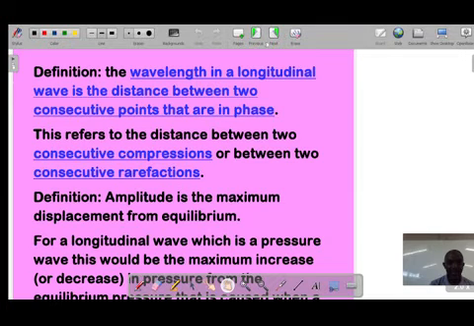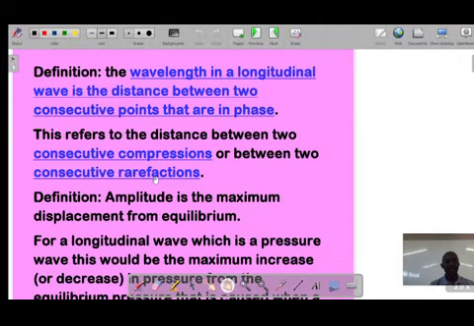Next. A wavelength in a longitudinal wave is the distance between two consecutive points that are in phase. With longitudinal waves, this refers to the distance between two consecutive compressions or between two consecutive rarefactions.